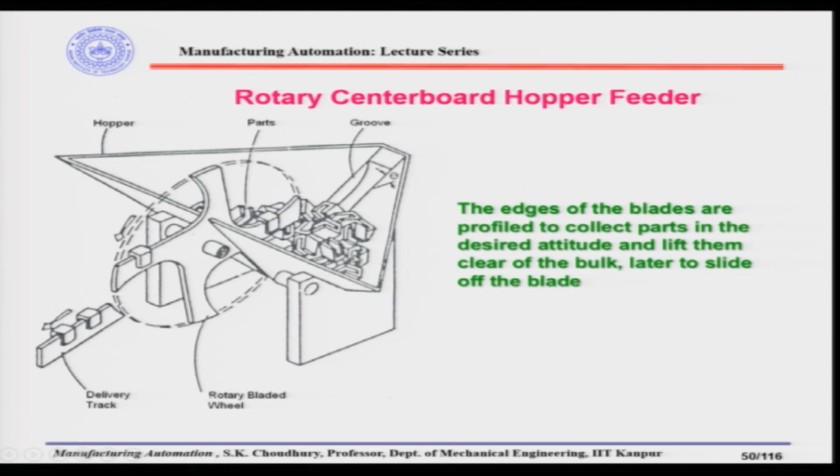the same kind of a bowl, all right, hopper, and at the base of the hopper we have the parts. Now, here this kind of hopper feeders are particularly suitable for the U-shaped parts, like it is shown here.